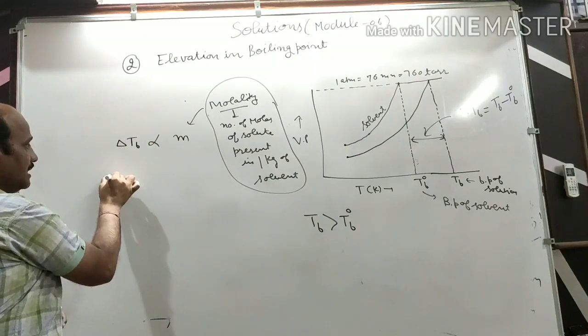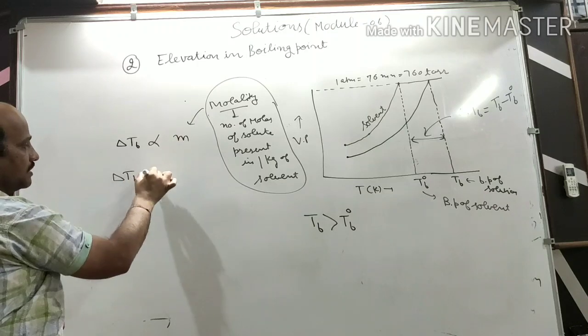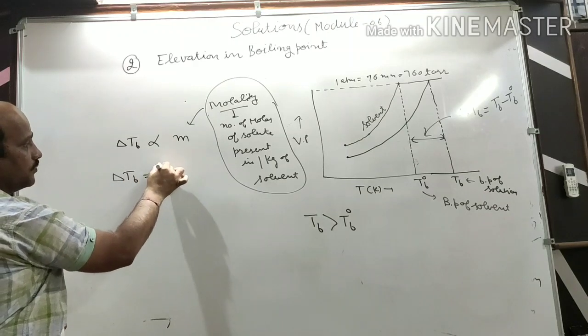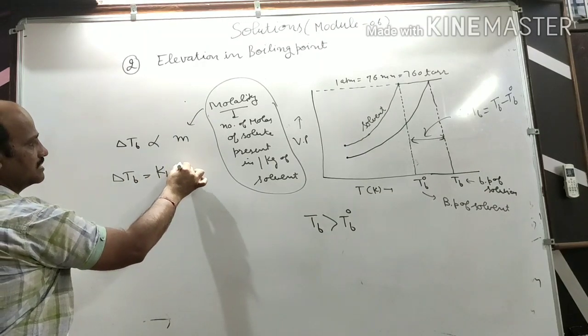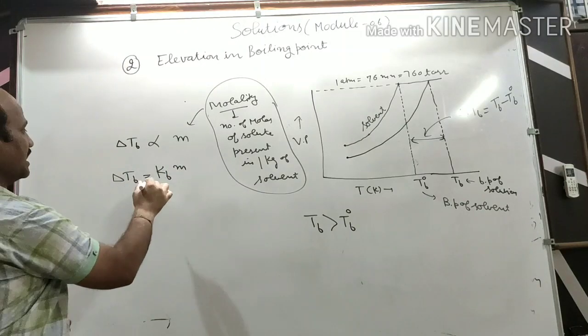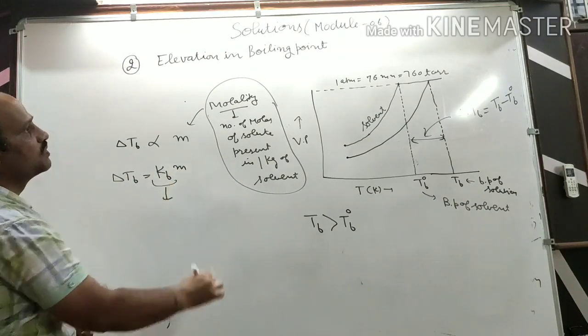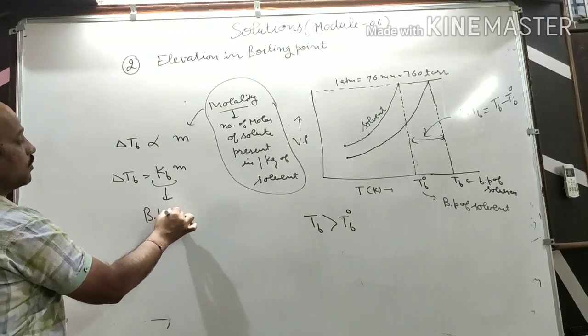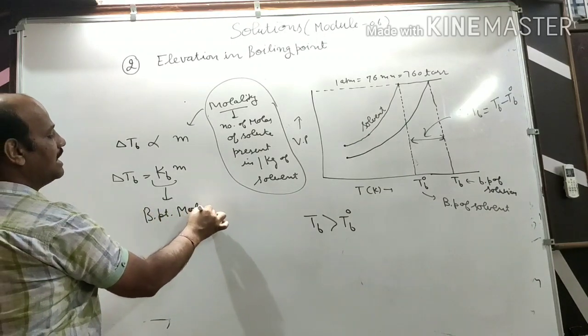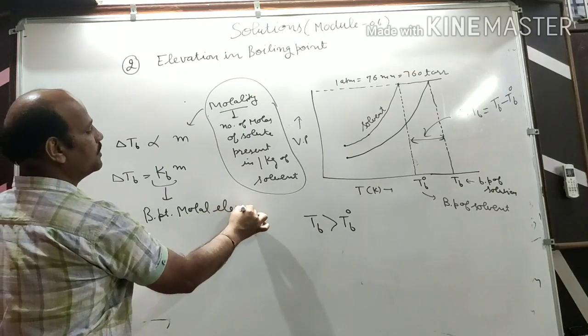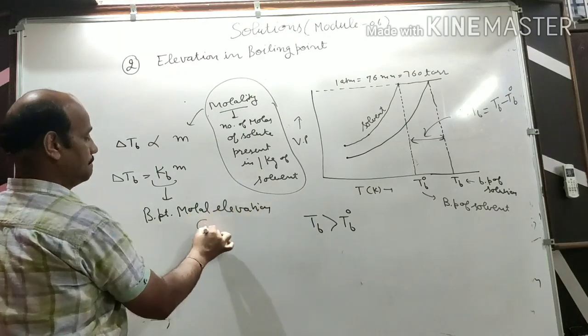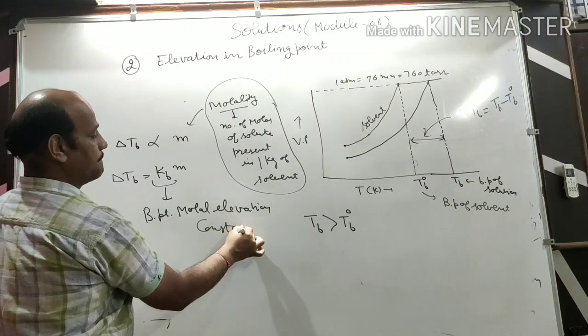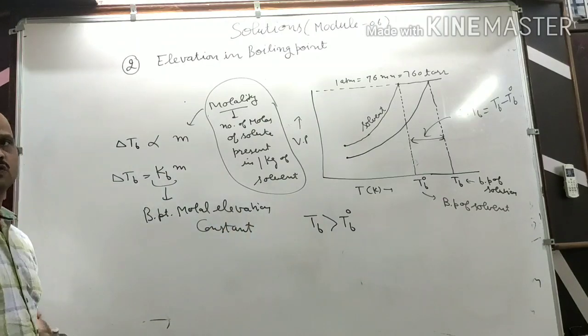Now delta TB, in place of proportionality we put here KB, and this is small m. What is KB? KB is boiling point molar elevation constant. Molar elevation constant.